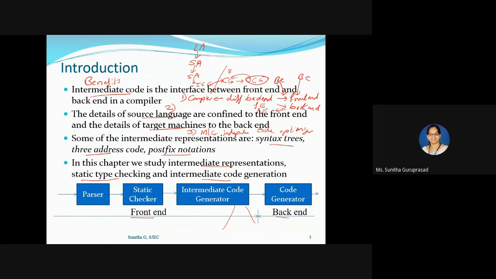Instead of connecting the intermediate code generator to the code generator and then applying an optimized code generator, the optimized code generator can be applied directly to the intermediate code generator, and you need not go through the code generation. You are not creating code and then optimizing it.